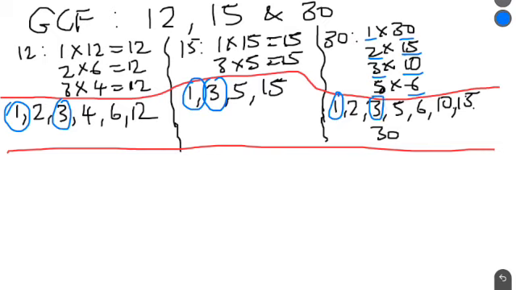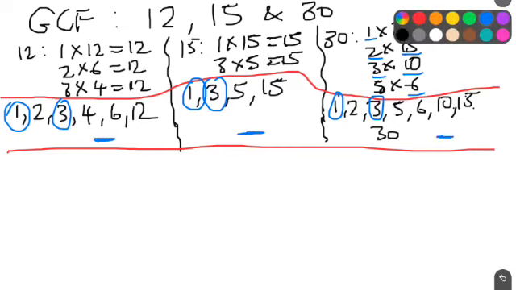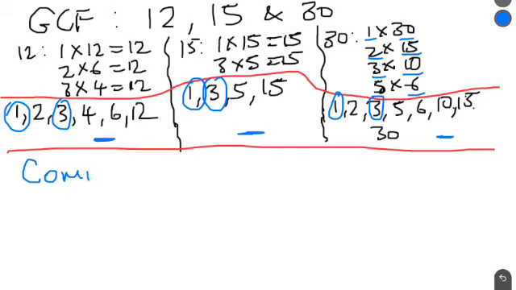No. 6? No. And if you look at the set, there are no other common numbers that you would find in the factors of 12, 15, and 30. So the common factors now are 1 and 3.